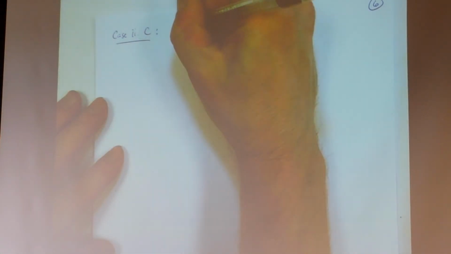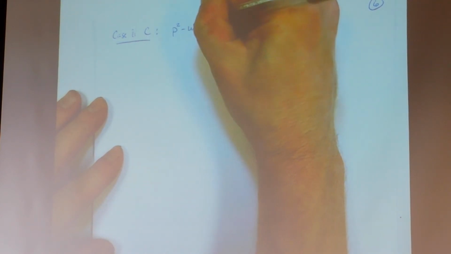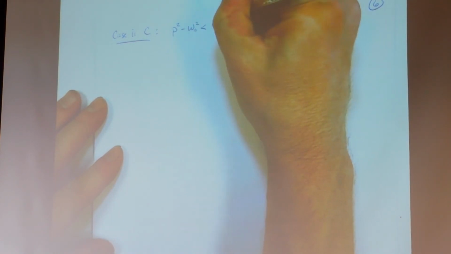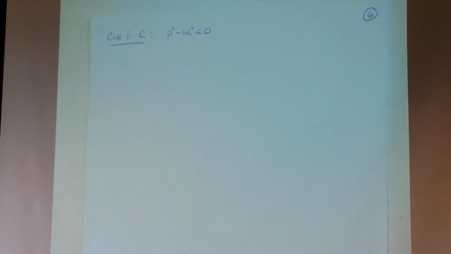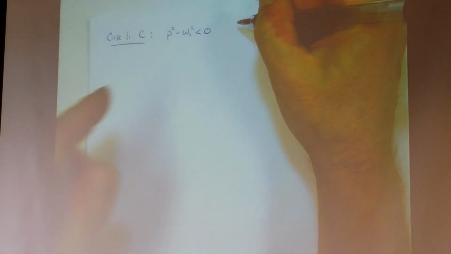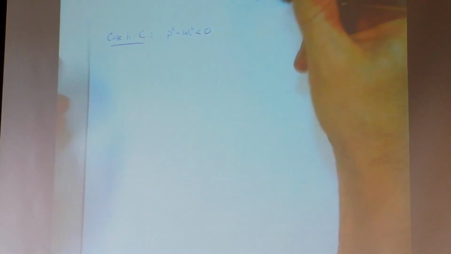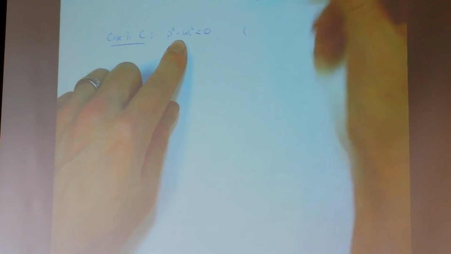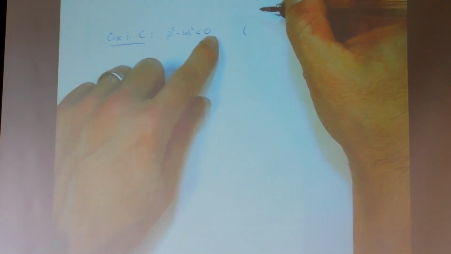Right. Okay, so last case, p squared minus omega naught squared less than 0, and this is what they call underdamped for some reason. Under, because this quantity is less than 0, that's one way to remember it, I suppose. Underdamped. That quantity is under 0.